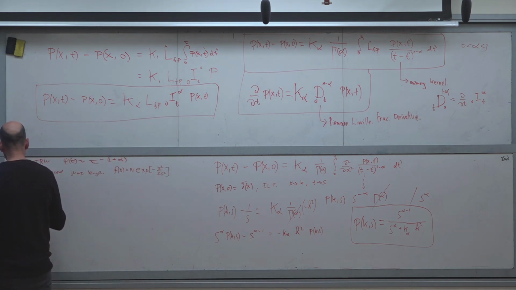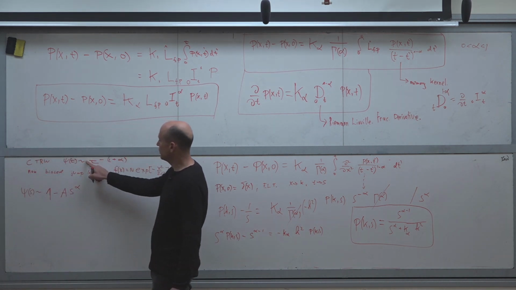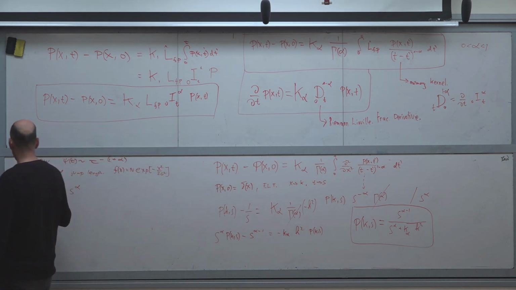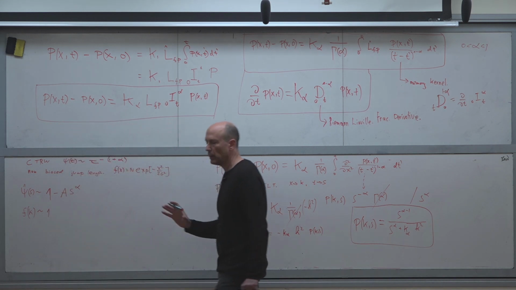So in these cases, psi of s, we are going to assume more specifically, is 1 minus A s to the alpha. A is some coefficient determined by this amplitude here. So this is the Laplace transform of psi, and then there is a Fourier transform f of k, which is the jump length distribution.